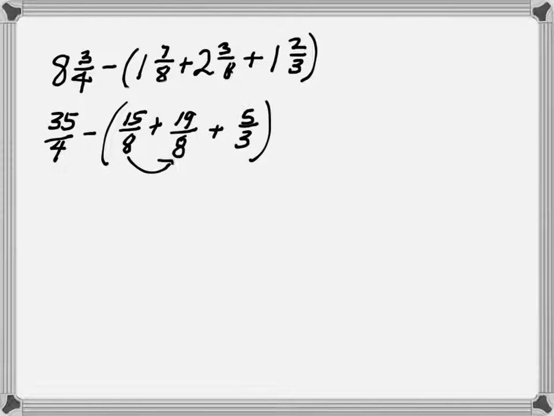All right, so I'm going to combine these two simply because they combine nicely before we worry about anything else. So I have 35/4 minus, what's 15 plus 19? 34/8 plus 5/3.